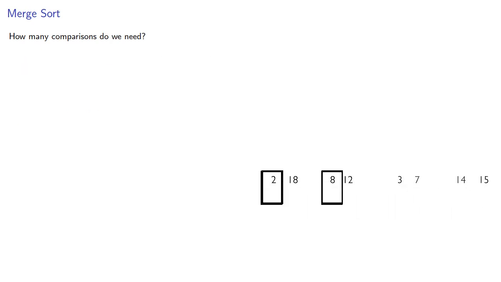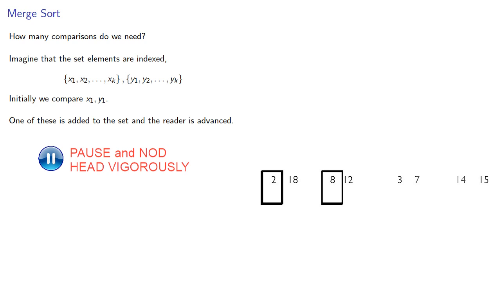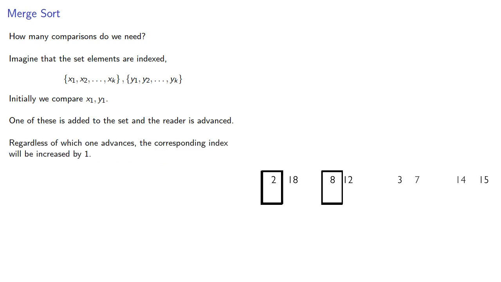Imagine that the set elements are indexed x1 through xk and y1 through yk. Initially, we'll compare x1 and y1. One of these is added to the set and the reader is advanced. Note that regardless of which one advances, the corresponding index will be increased by 1.